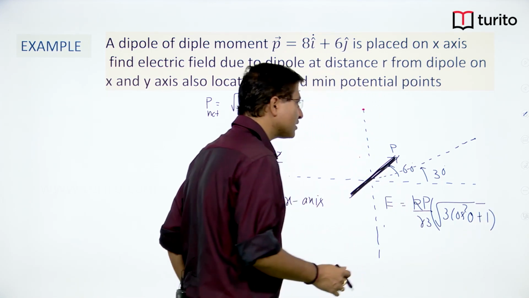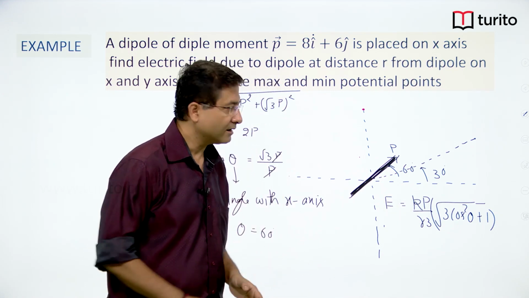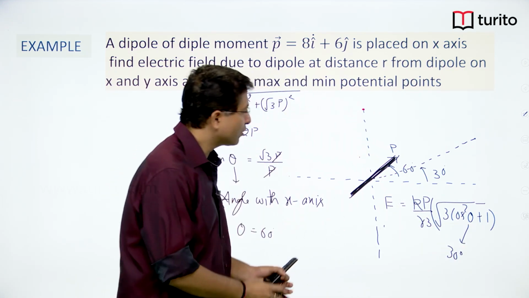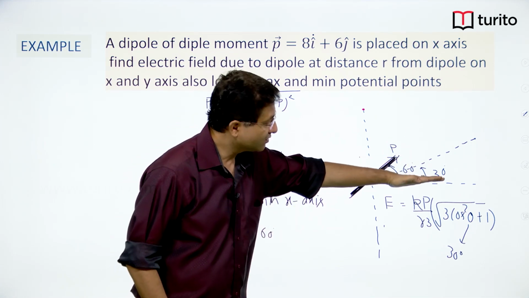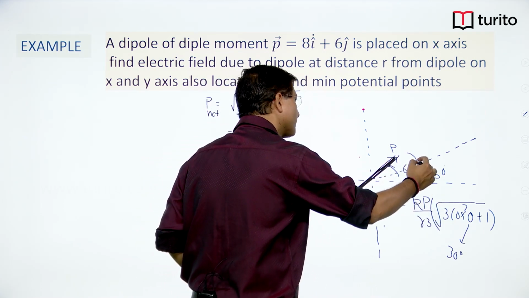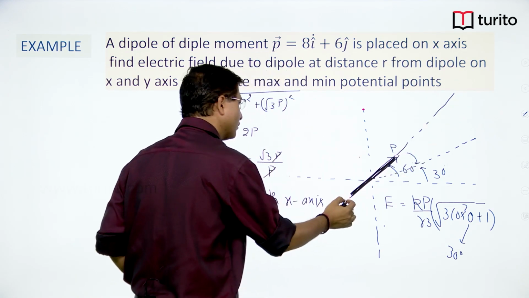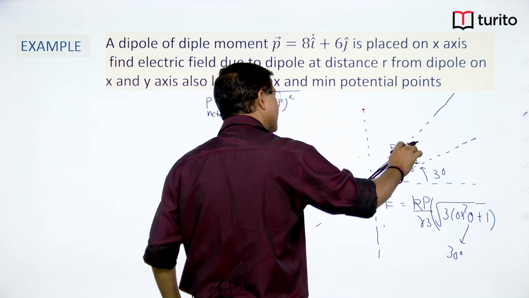I need to just plug in 30 degree here. Because from the dipole, if this angle in total is 60, this is 30. I need the angle theta from the dipole moment. So the dipole moment is in this direction, and from the dipole moment this angle is 30 degree.